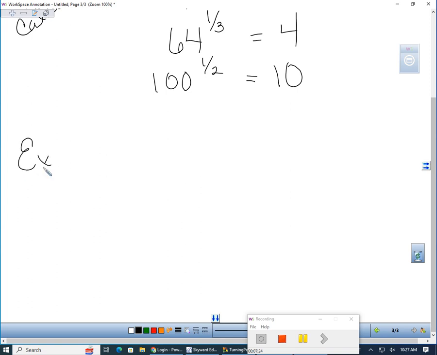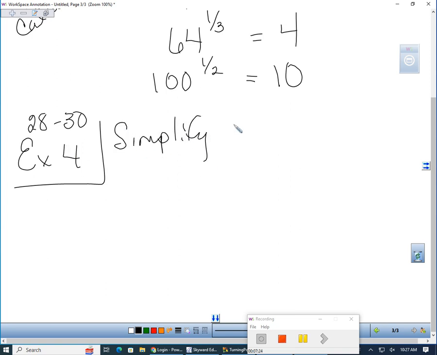All right, moving on to example number 4. Example 4 is for 28 through 30. Again, I want you to simplify the expression. We're going to follow the exact same rules that we did before.